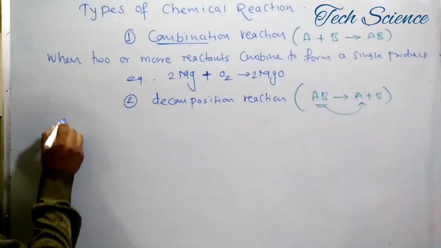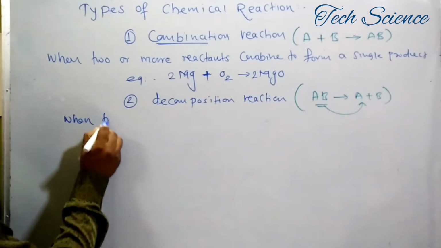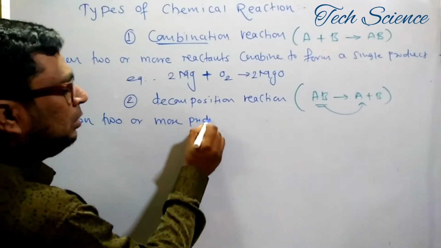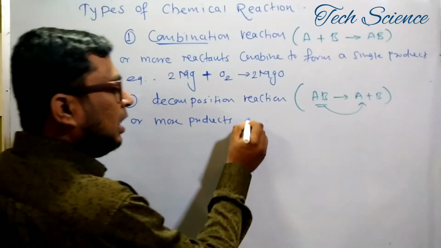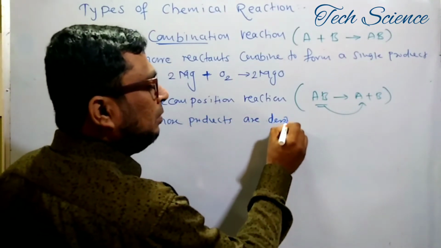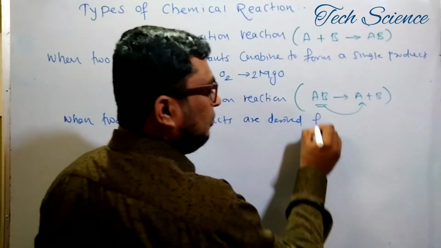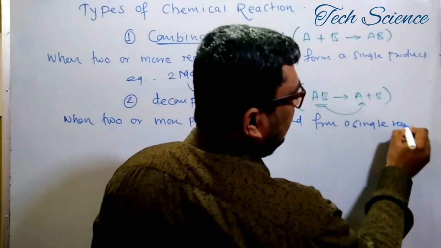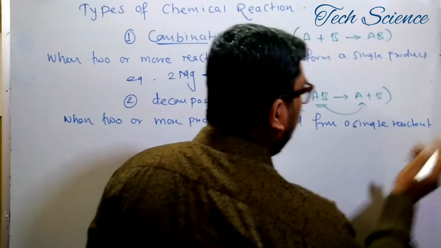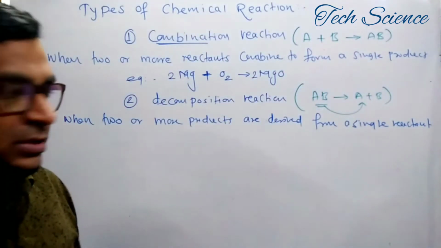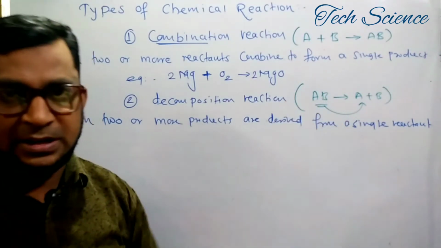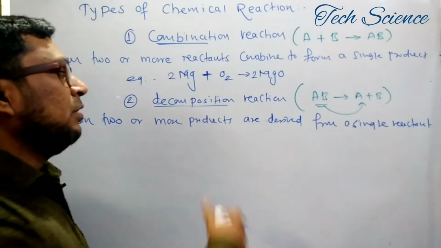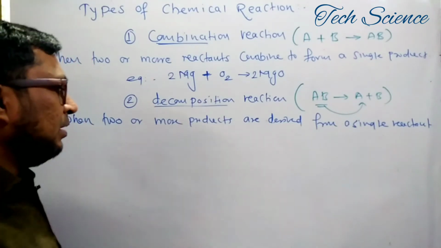The definition is that when two or more products are derived from a single reactant, then it is called decomposition reaction. This is what the word decomposed stands for, decomposition reaction.